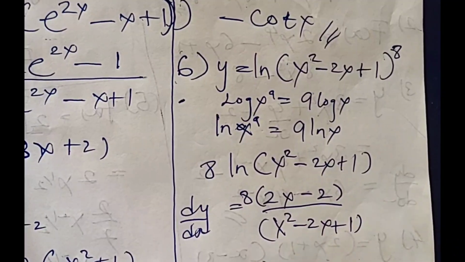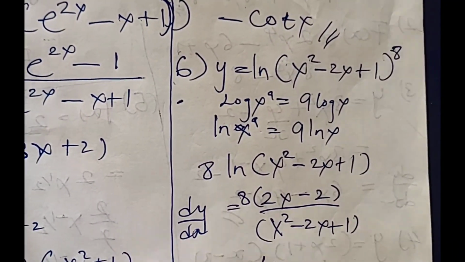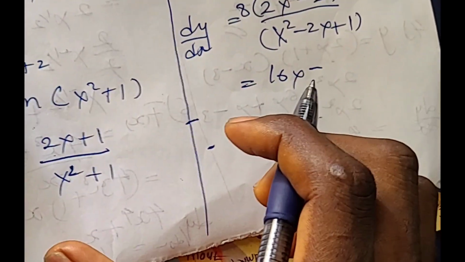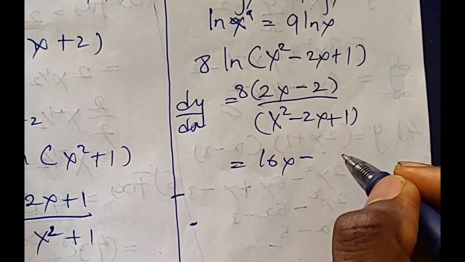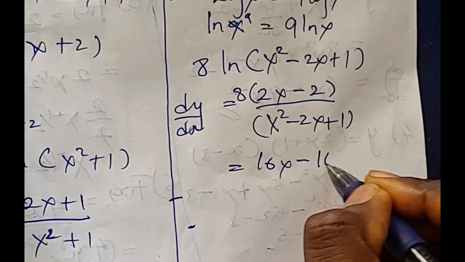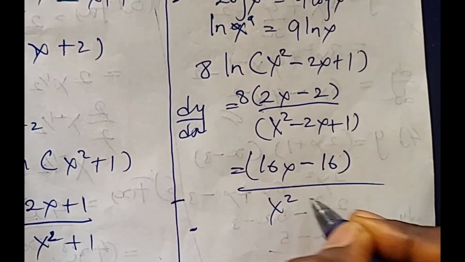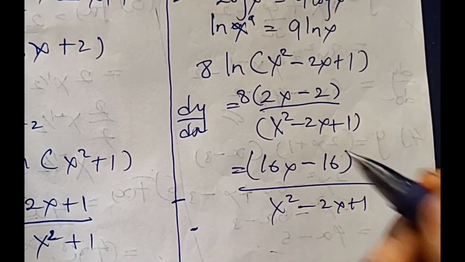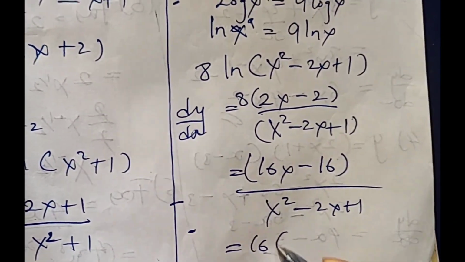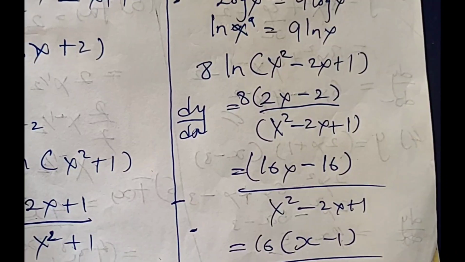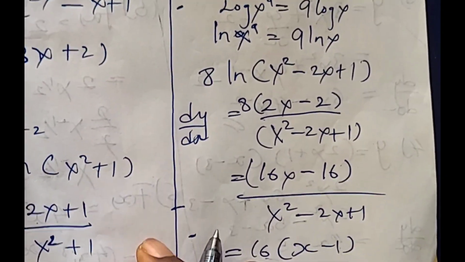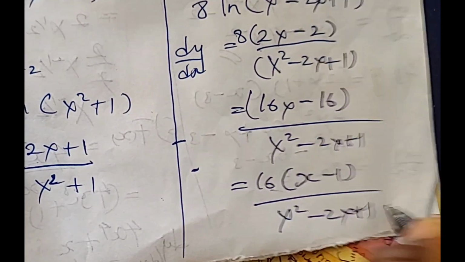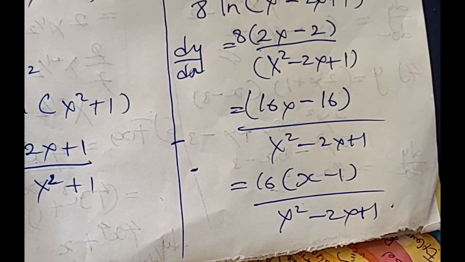When you open the bracket, you have 16x minus 16 divided by x squared minus 2x plus 1. You can still factorize 16 out: 16 bracket x minus 1 all over x squared minus 2x plus 1. So this is for number 6.